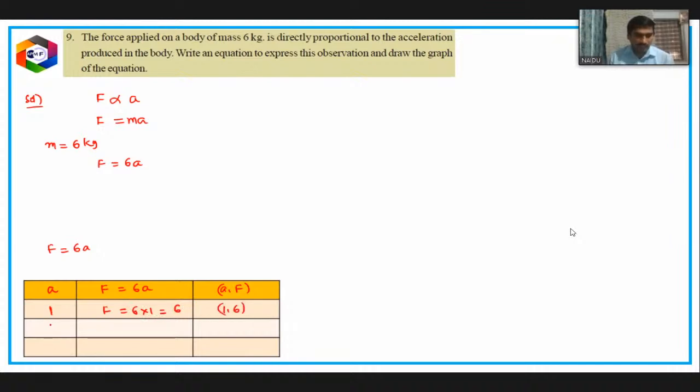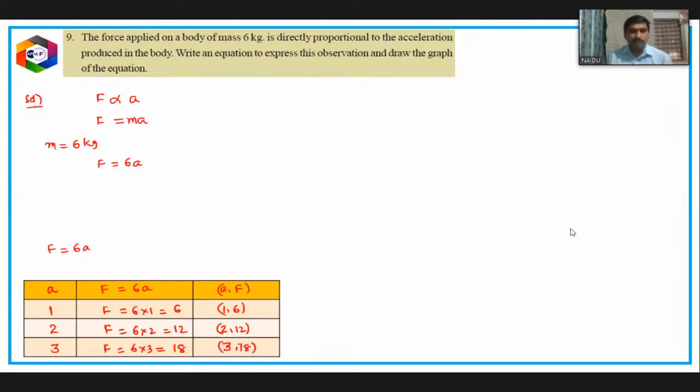Let us take A as 2. Then F will be 6 into 2, which is equal to 12. So the point is 2 comma 12. And I'm going to take A value as 3. Then F must be 6 into 3, which is equal to 18. So the point will be 3 comma 18.